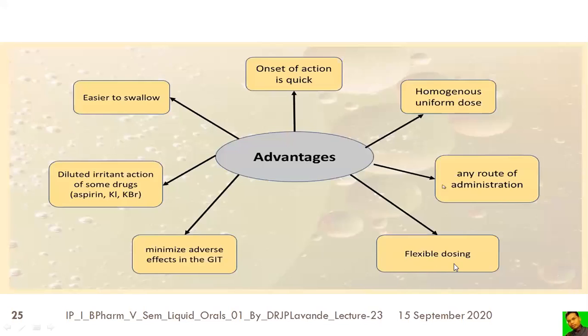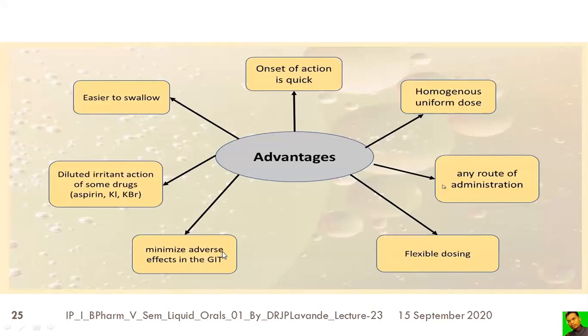These are associated with flexible dosing. We can take 1 ml, 2 ml, 3 ml, 5 ml, 10 ml based on requirement, based on necessity. So there is flexibility as far as dosing is concerned.